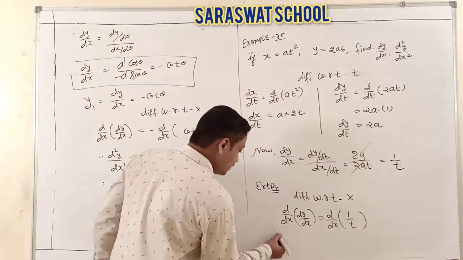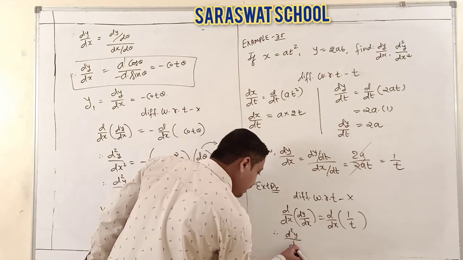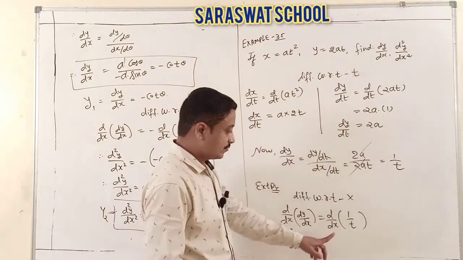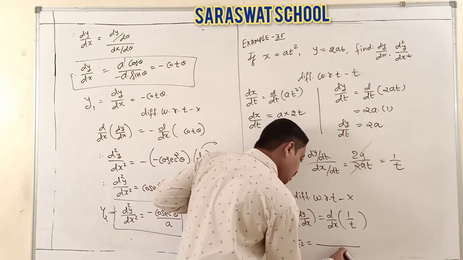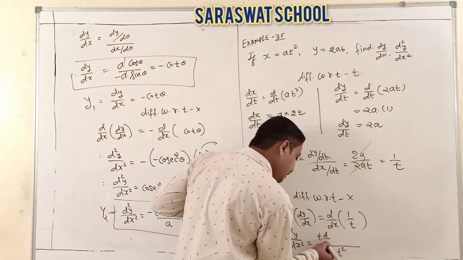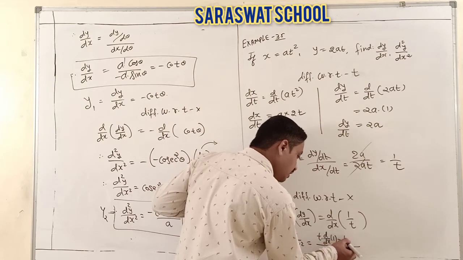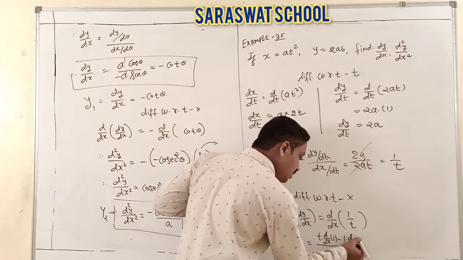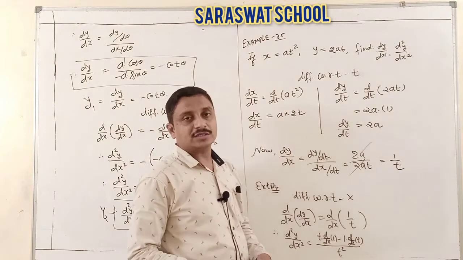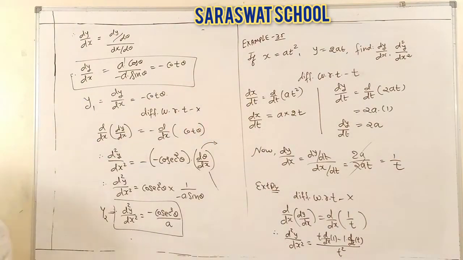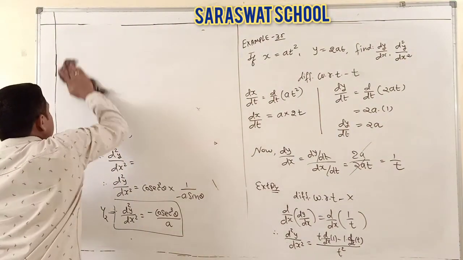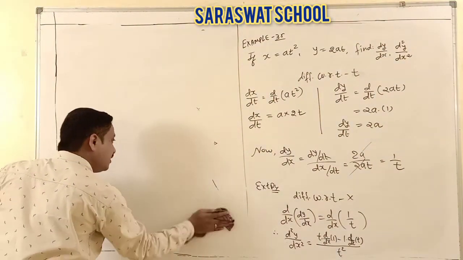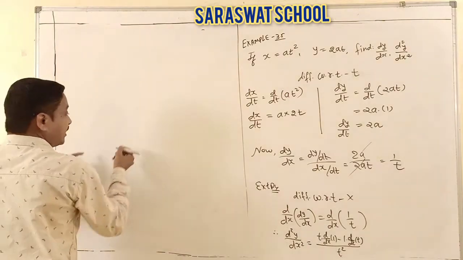The answer is d square y by dx square. Students, here apply our division rule: t square d by dx of 1, minus 1 d by dx of t, because I am going by our basic division rule. So what do you get, students? Yes, the second order derivative you can easily complete.